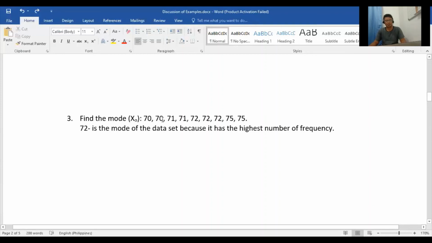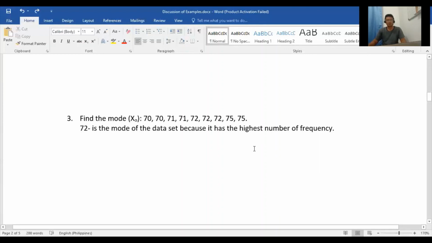There are two 70s, two 71s, three 72s, and two 75s. Since 72 has a frequency of 3, we can say that the mode of this set of data is 72 because it has the highest frequency.